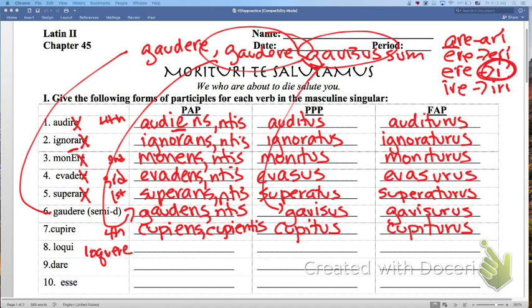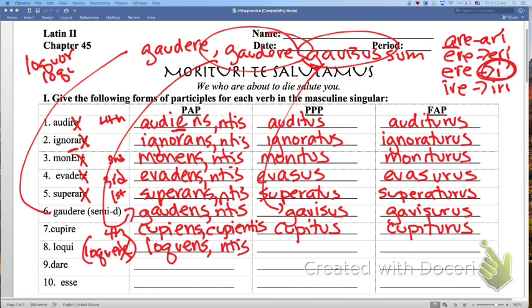Okay, but it's fake, fake, fake. So then I use that to take off my RE and make my PAP.